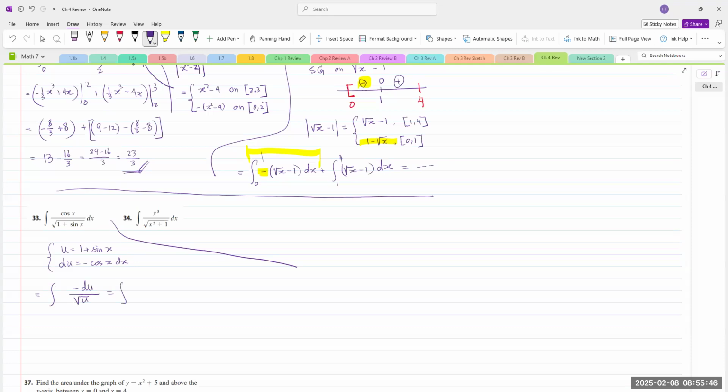That's the integral of negative u to the negative 1/2. That will be negative 2 u to the power of 1/2 plus constant. Is it right? Which is negative 2 square root of 1 plus sine x plus constant.